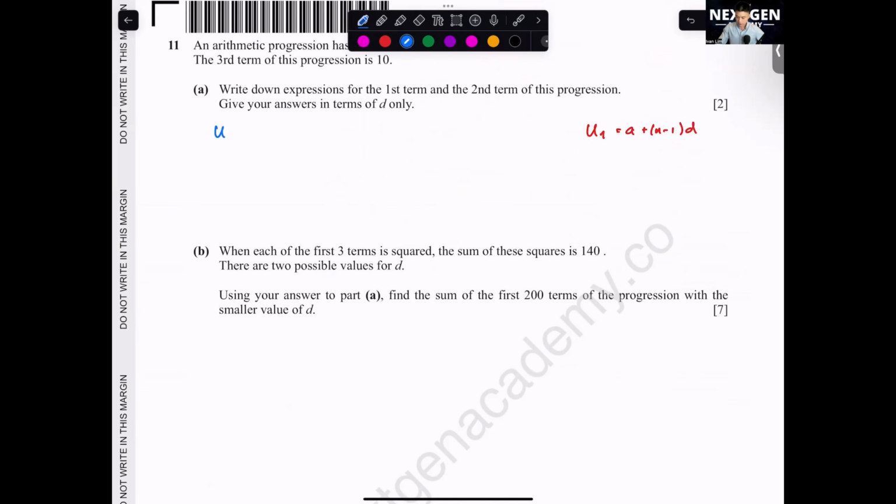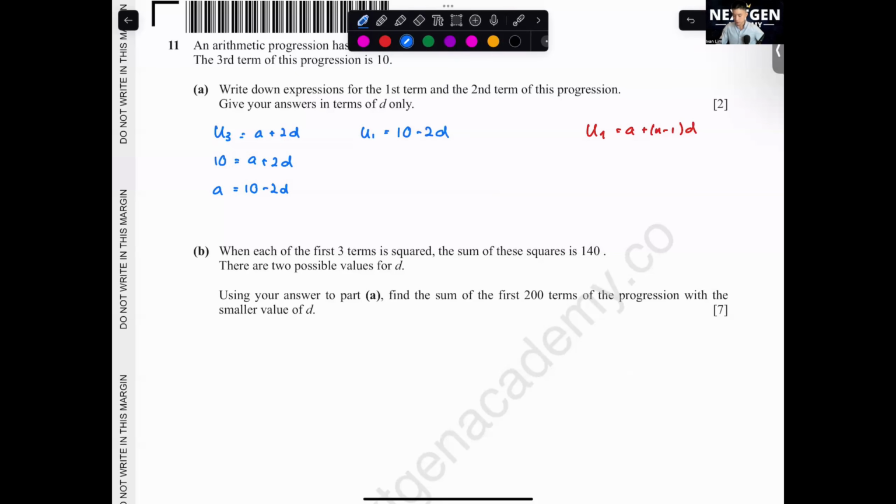So they are giving us here third term. Okay, what's third term? We can say is a plus 2d. They gave us a third term is equal to 10. So 10 equals a plus 2d. Okay, we rearrange it. a is equal to 10 minus 2d because the expression that they want us later on is only in terms of d. That means we need to get rid of all the a. Okay, so the first term is 10 minus 2d.